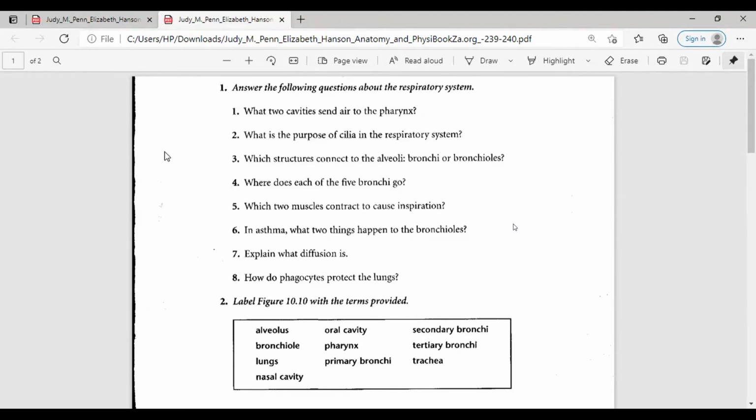I have one more question for you. Remember we have the right lung and the left lung, right? The left is smaller than the right. Yes, the left lung is smaller than the right. So there are 3 bronchi going to the right lung, and 2 bronchi will branch into the left lung, right? Okay. Thank you so much.